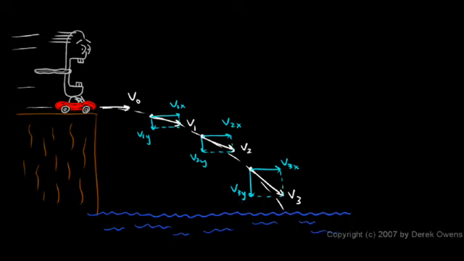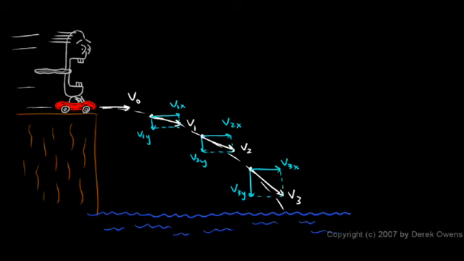If I've drawn this accurately, then the horizontal velocity is constant. That means v0 here is the same as v1x and v2x and v3x. All of those are the same. Gravity pulls him down, but gravity does not pull him forward or back. Gravity exerts no force to the left or to the right. So there's no acceleration in the horizontal direction, so the horizontal velocity doesn't change.